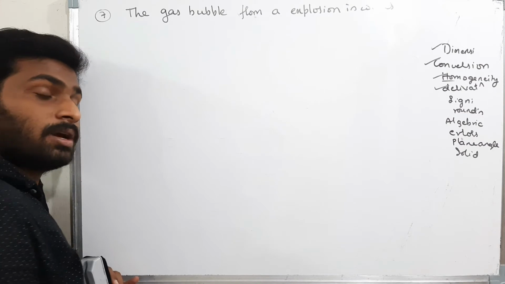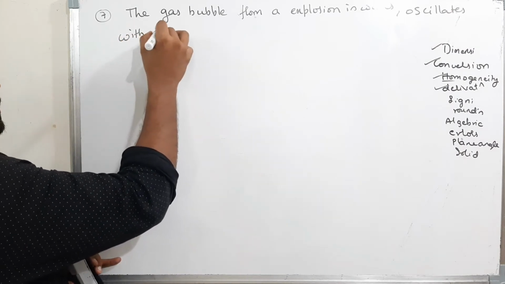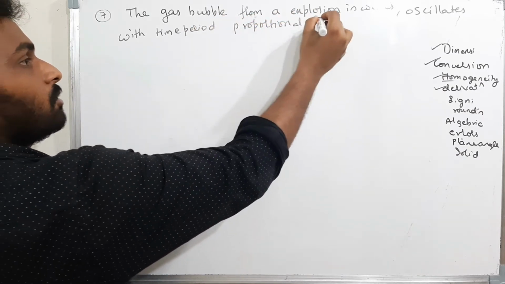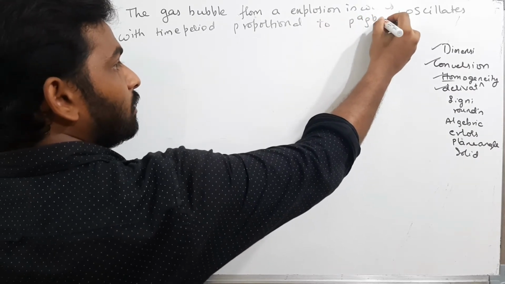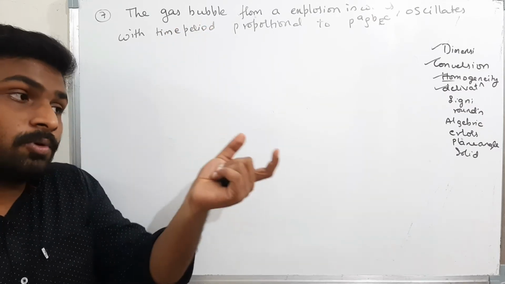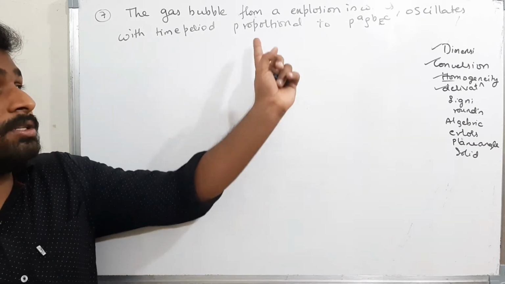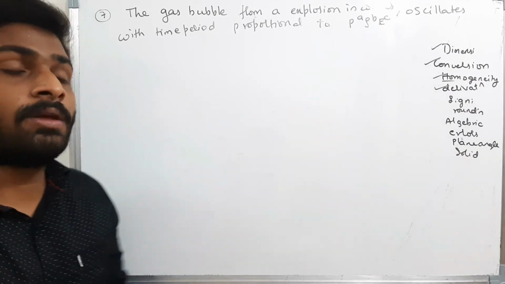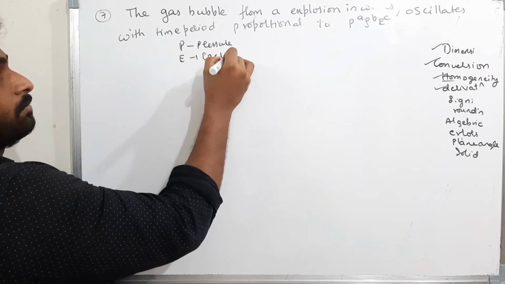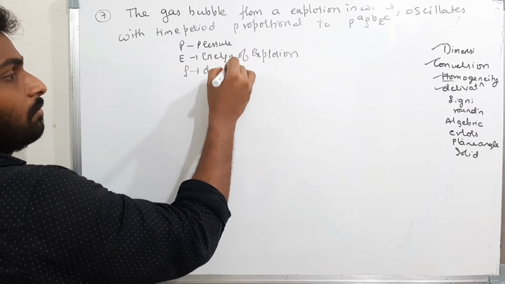The gas bubble from explosion inside the water oscillates with time period proportional to P power A, rho power B and E power C. So the bubble which came from the explosion inside the water, that gas bubble will oscillate inside the water with the time period T, and the time period T is proportional to P power A, rho power B and E power C, where P is the pressure, where E is the energy of explosion, and where rho is the density of liquid.